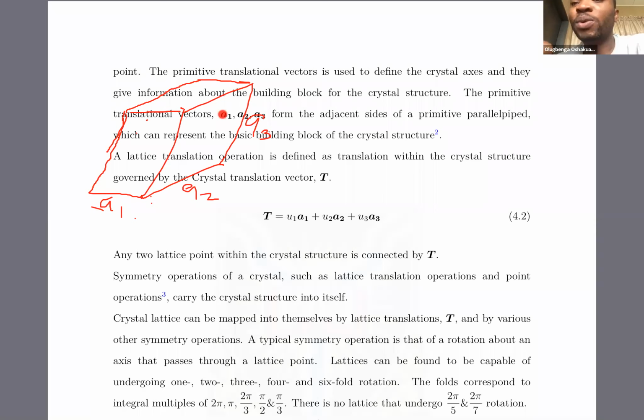So when we have the primitive lattice vectors, this U1, U2, U3 are still integers. So you can decide to make this 1000, leaving the other ones 1, 1. Then it's as good as you have arranged 1000 of these blocks to the right.